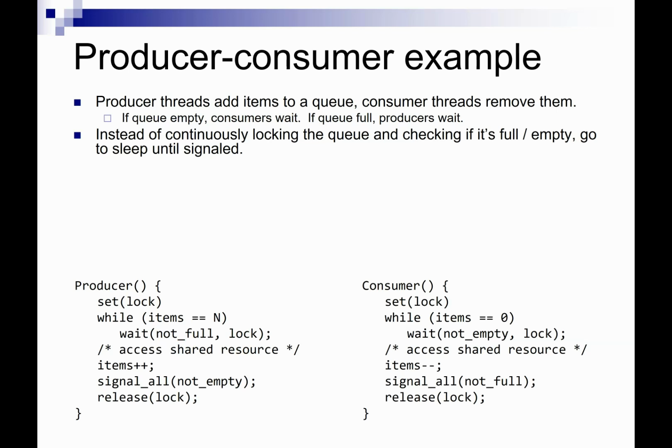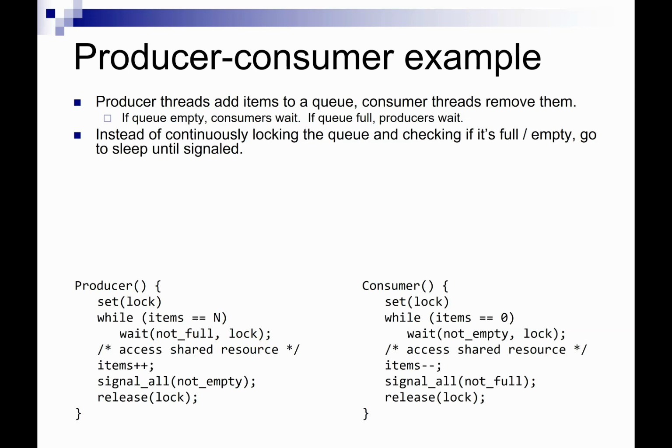And only after other threads have taken something out of the queue can this producer put his item into the queue. So this is why the producer has to make sure that when he's waiting for this not full signal, he has to give up the lock. He has to release the lock over here.